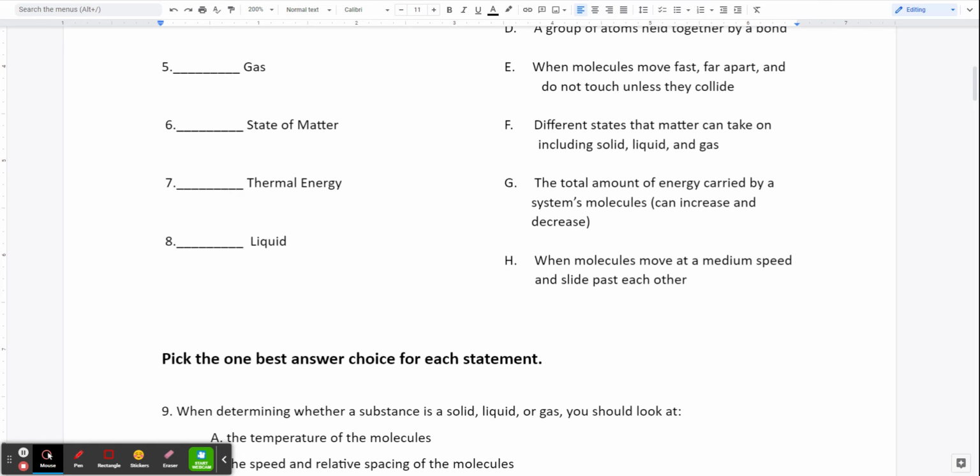different states that matter can take on, including solid, liquid, and gas. G, the total amount of energy carried by a system's molecules, and this can increase and decrease.